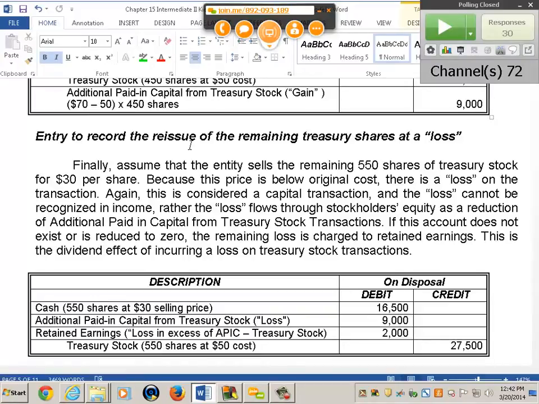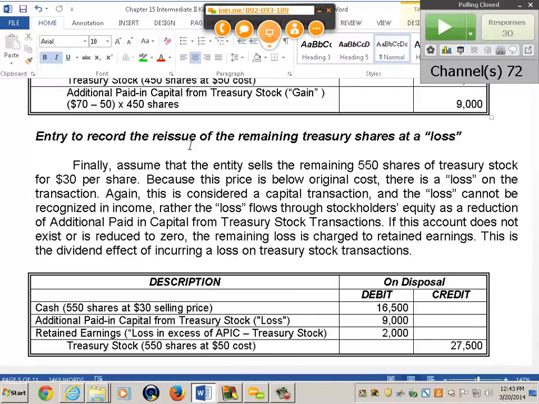So in this case, I'm going to be able to allocate this. That loss is first going to reduce APIC from treasury stock by 9,000. And then I'm going to reduce retained earnings by 2.